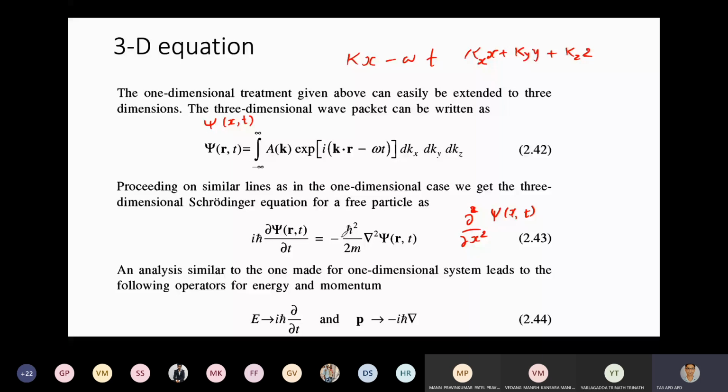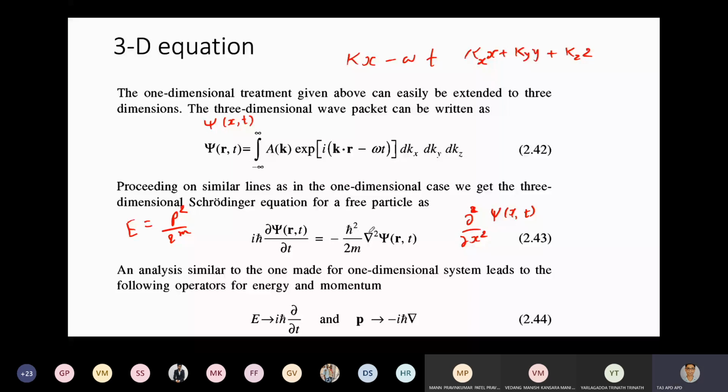Remember that the function still depends on both the parameters, the position coordinate as well as the time coordinate. And the similar concept comes over here, when you compare this whole expression with the classical expression E equal to p² by 2m, then the left hand side, iħ ∂/∂t, stands for your energy operator, and this minus ħ² into del square is 2 terms, which is minus iħ del into minus iħ del.